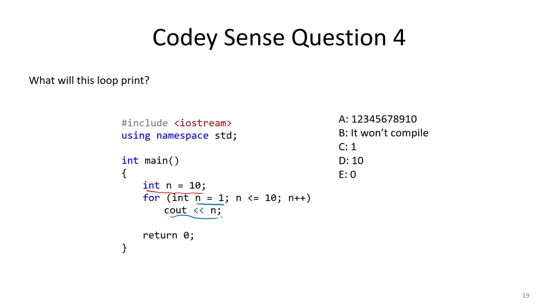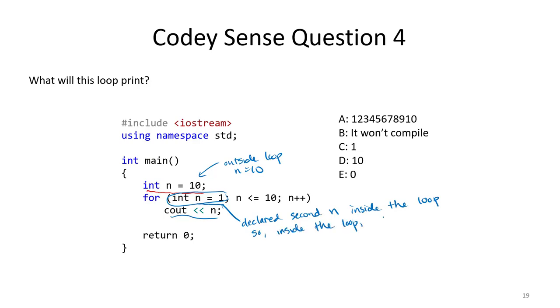Based on our previous discussion, you can see that we've declared n outside the loop. But we've also declared a second variable n inside the loop. So inside the loop, the second n will be updated.